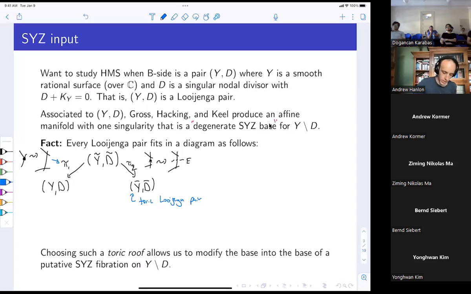Okay, so maybe just to have one concrete example. For instance, if I took P1 cross P1, which is one of my favorite surfaces, and I took the anti-canonical divisor that was two of the lines and one smooth component, then if I do one blow up at this corner, you can realize that the resulting pair, the total space, is now a blow up at 2 points of P2.